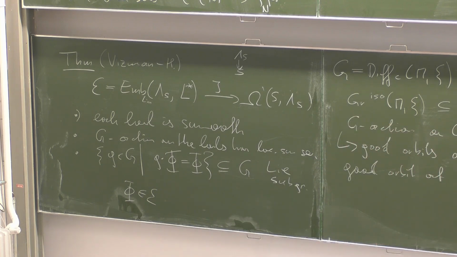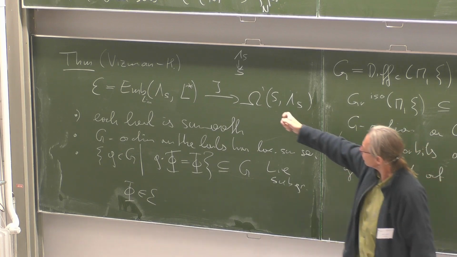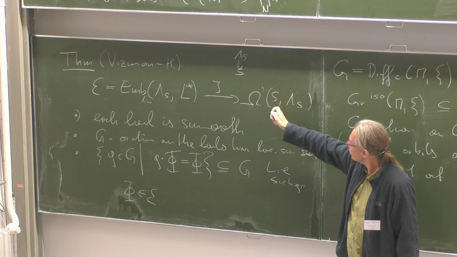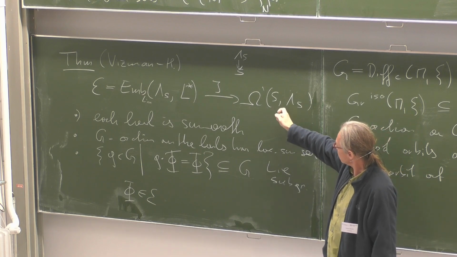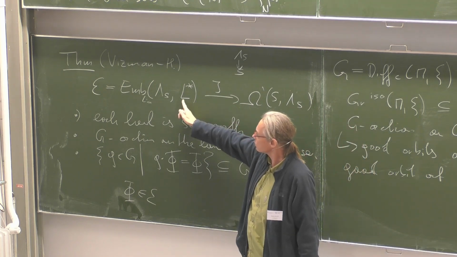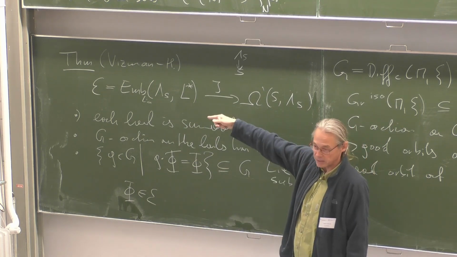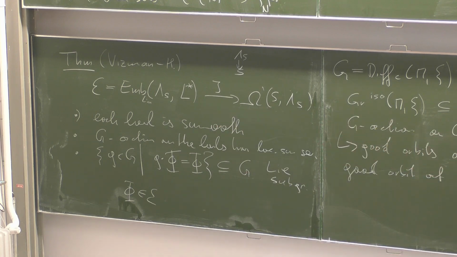And let me just indicate how the theorem implies this one here. You apply the theorem for the level 0. Being in the level 0 just means that this is going to be an isotropic embedding. And then you mod out the diff S action, and you get the isotropic Grassmannian.